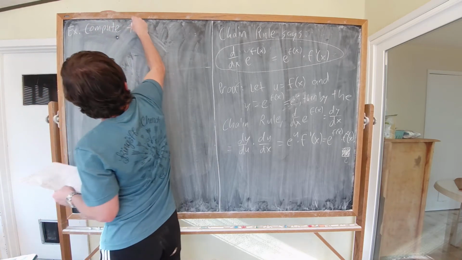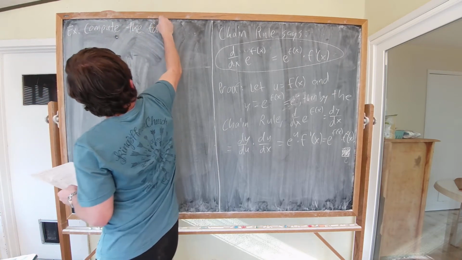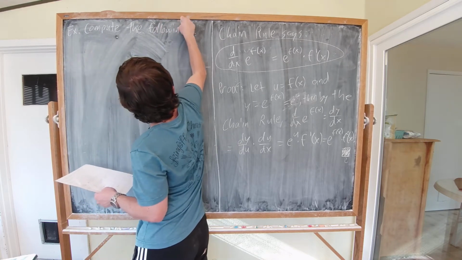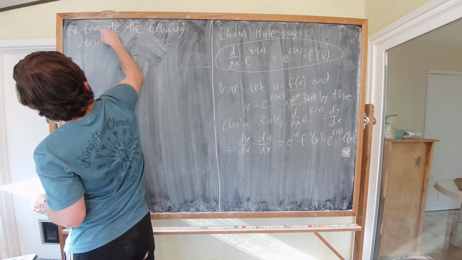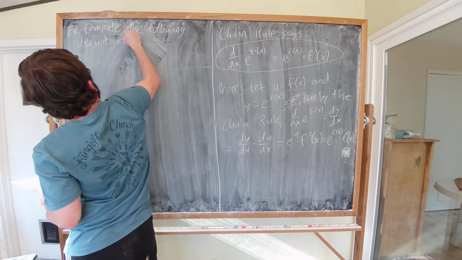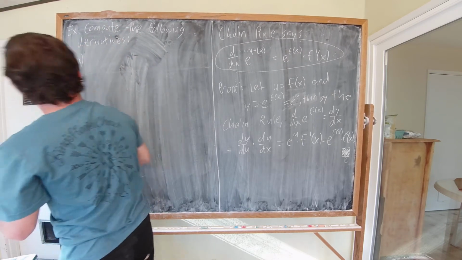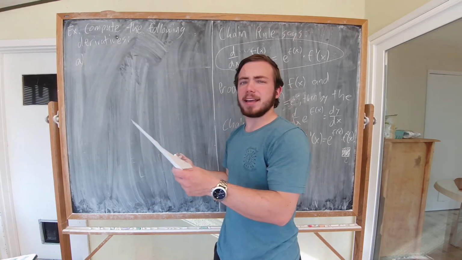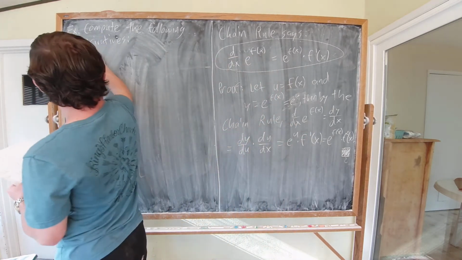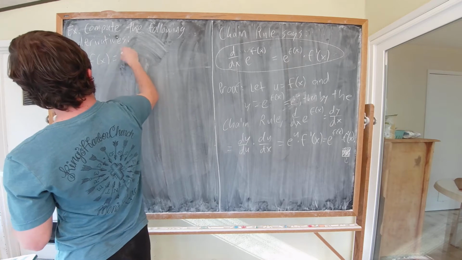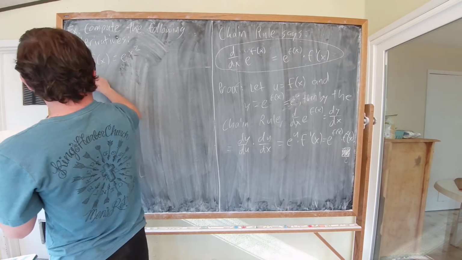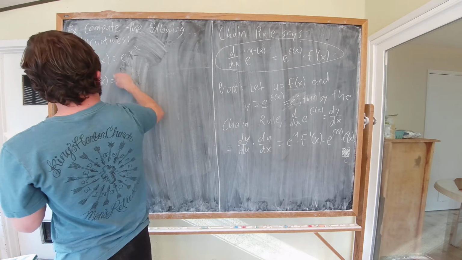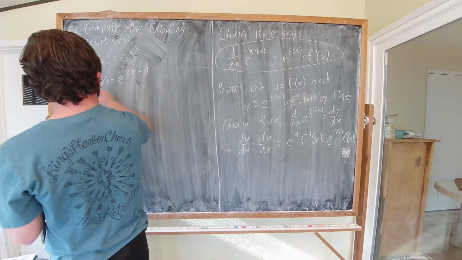So let's say we compute the following derivatives. First, let's say e to the x squared. Next, e to the 2x minus 1.